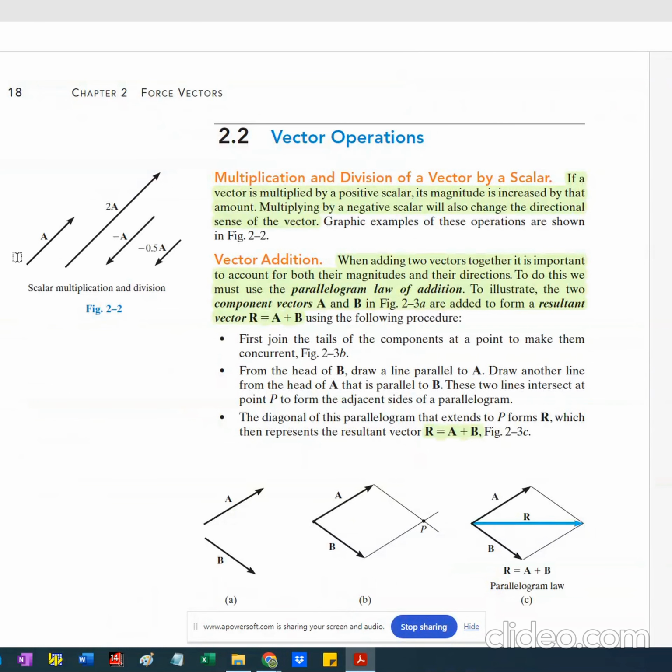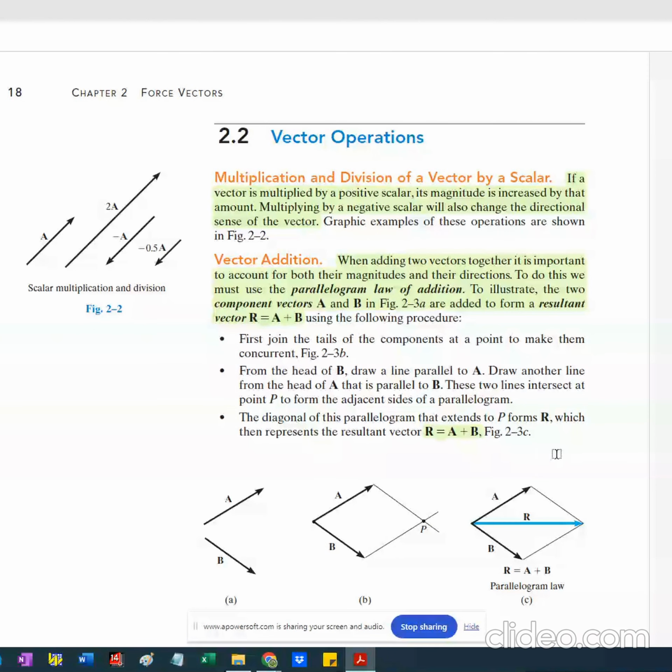You see here the initial vector, and 2 times the vector makes it twice as long. Take the vector and multiply by -1, and essentially you flip the vector; it changes the sense, the direction. And if you multiply the vector with a negative number less than 1 in magnitude, you flip it and reduce its magnitude to half, the 0.5.